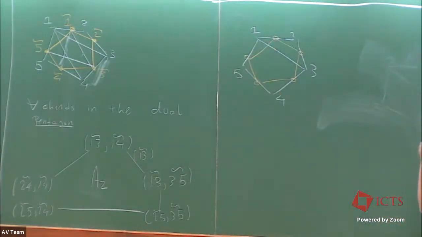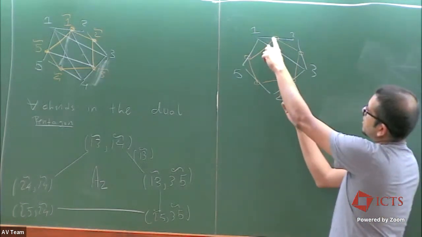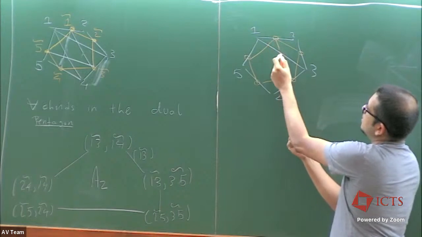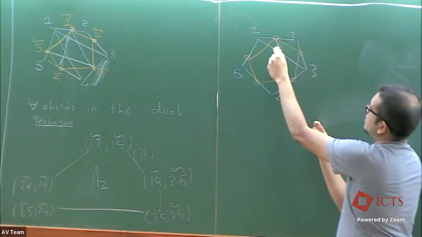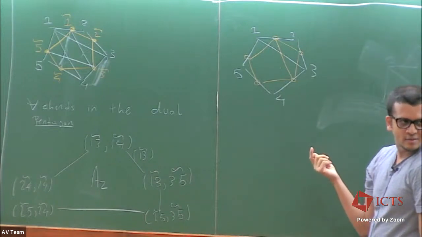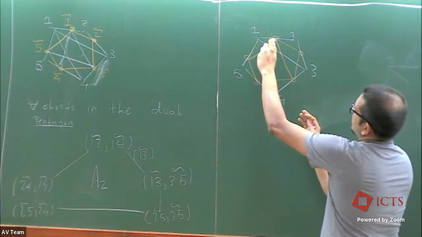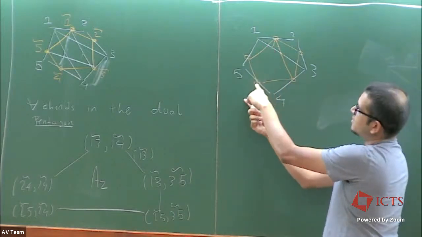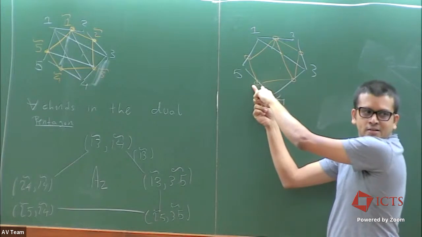Now you see that if I look at 1 tilde, 3 tilde, then that is allowed because of course you are entering here, you are exiting here, and you are entering here. But if I ask, okay, is 1, 4 allowed? Then you immediately see it is not allowed, because if I look at 1, 4, it is incident here, it enters here, but it exits the cell here, and these two are not adjacent.